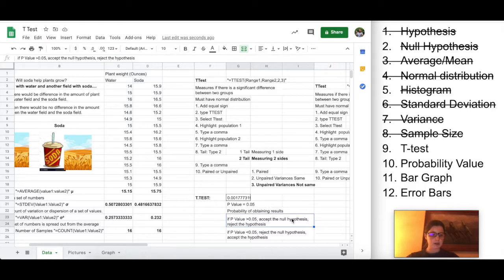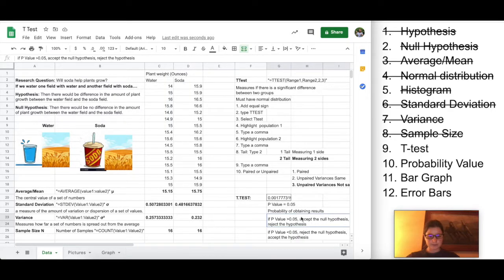You would accept that your hypothesis is not true, and you would reject the hypothesis. The p-value being greater than 0.05 means that it's not statistically significant. If the p-value is less than 0.05, then you reject the null hypothesis, and you would accept your hypothesis.